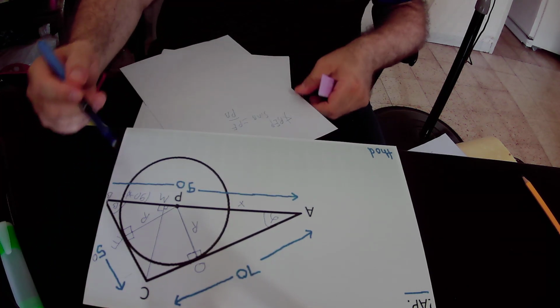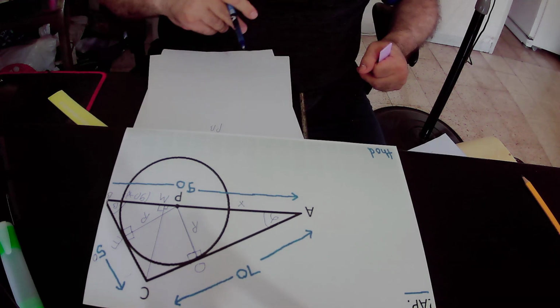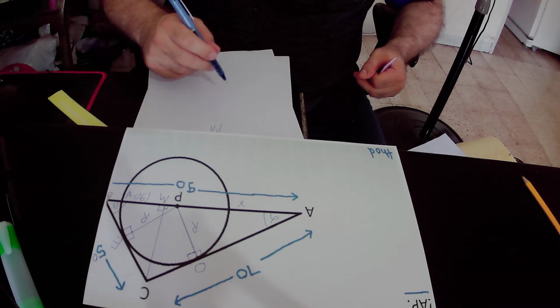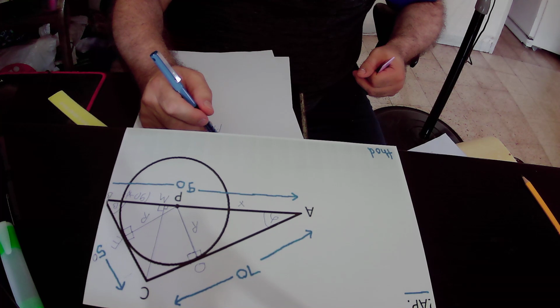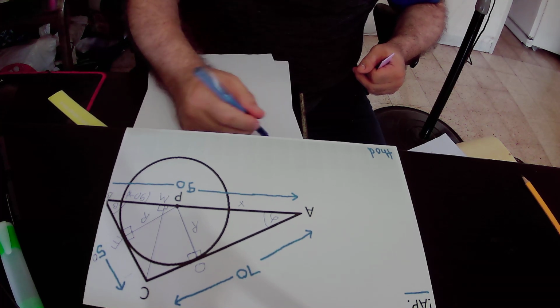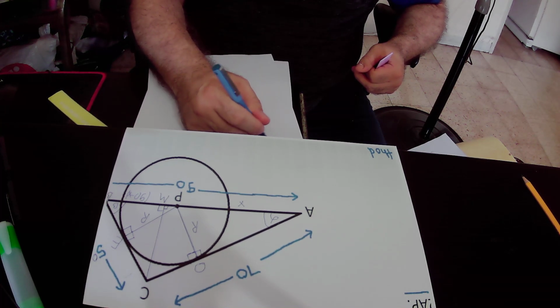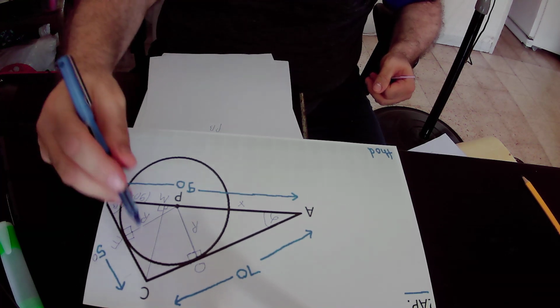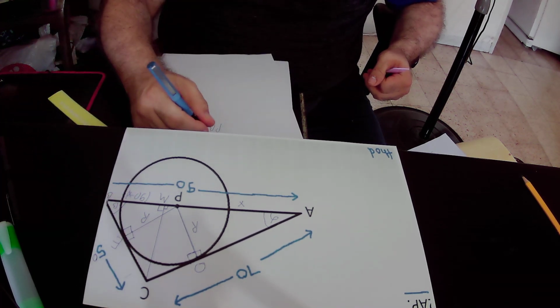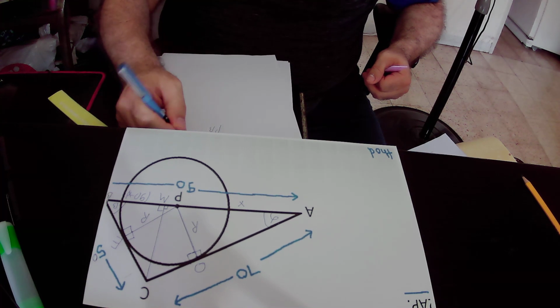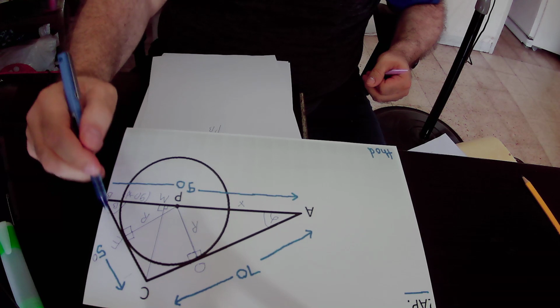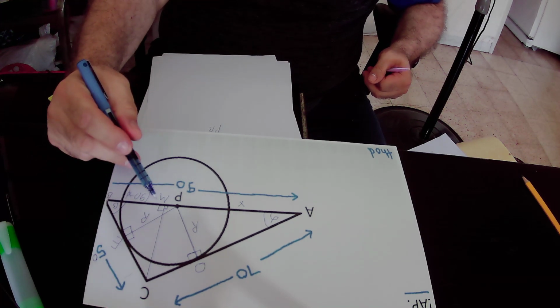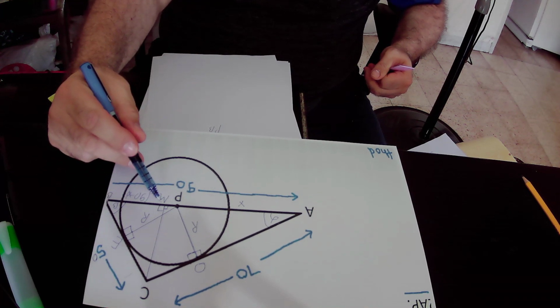And if we look at triangle CBM, triangle CBM is a right triangle because this angle is 90 degrees.